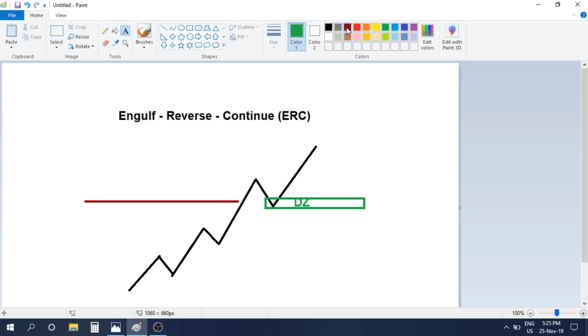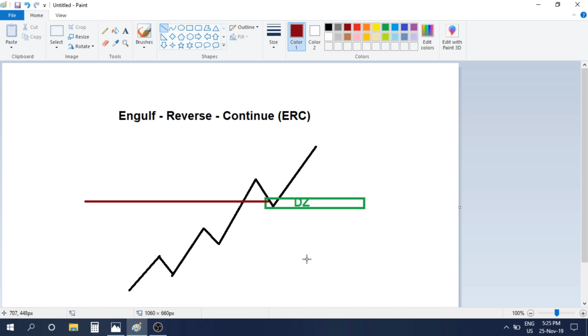So what I'll do is I'll extend this barrier, let's say, just to show what I mean over here. You can see that price engulfed this barrier, then came back slightly beneath this barrier, and then continued in the same direction of the original engulf, that is, in this case, in the up direction, right? So this is the first case.